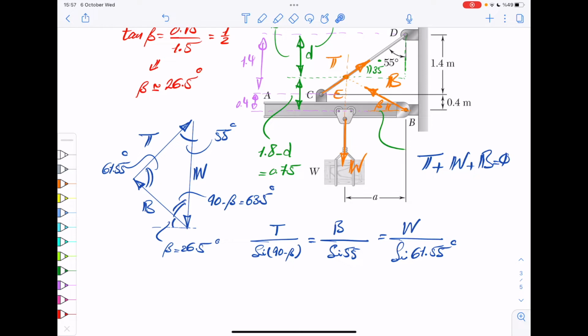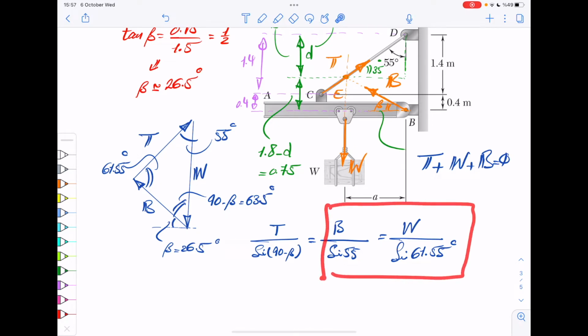this relationship is basically two equations. So from this part, you can calculate B, right? So you know what is W. W is weight times gravity, so it's 50 times 9.81, if you want. Okay?